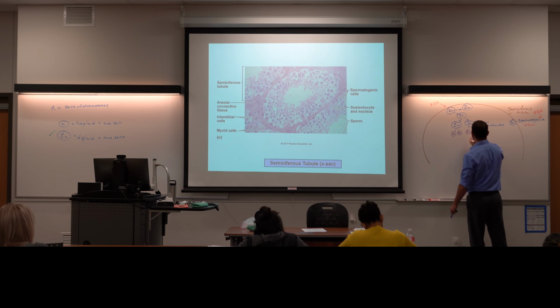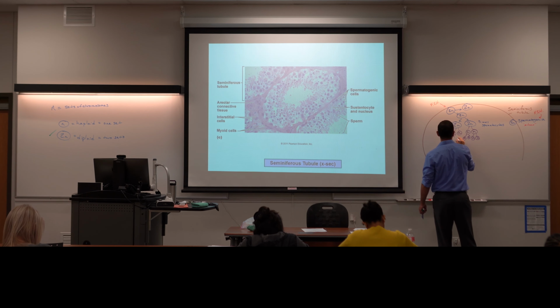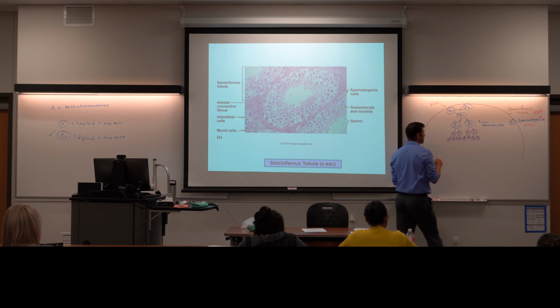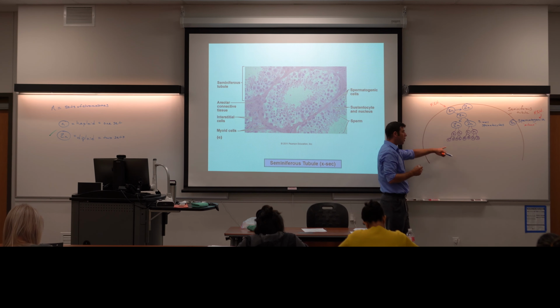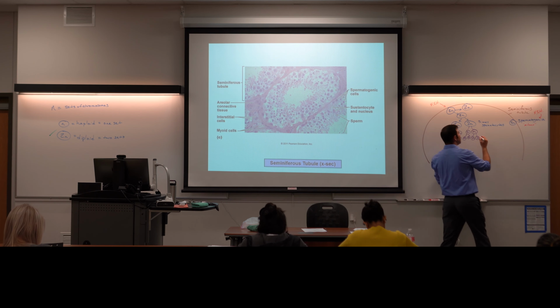There are 2 stages to meiosis. There are 2 cell divisions. I haven't done a very clean job of drawing those, but all of these haploid cells are what we call secondary spermatocytes.